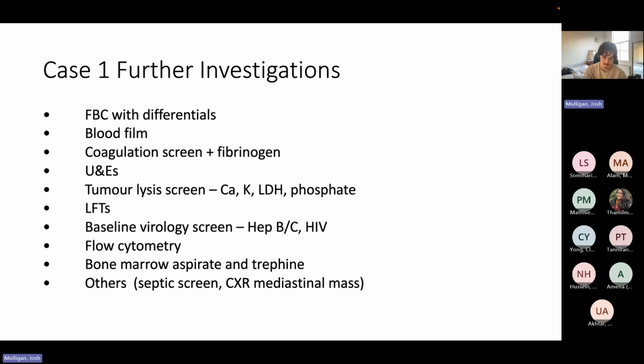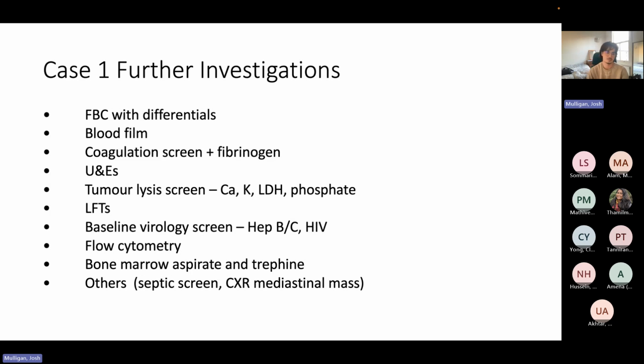LDH is basically a good marker of how quickly cells are dying and dividing as well. So it's typically higher in a lot of cancers, but as someone mentioned earlier, it might also be heightened in things like sepsis. So a good thing to do.